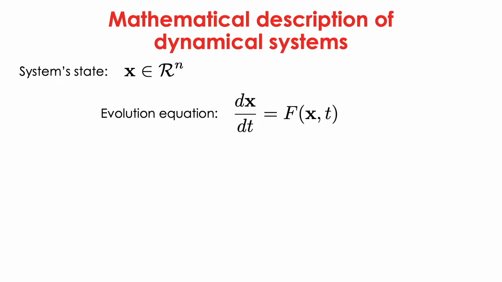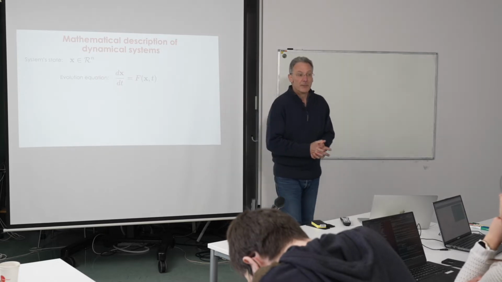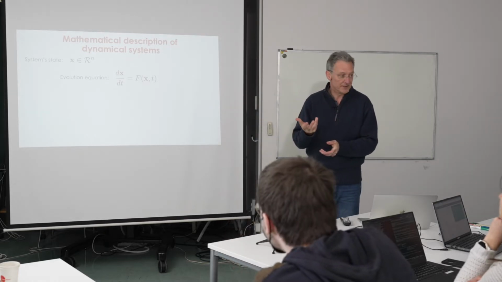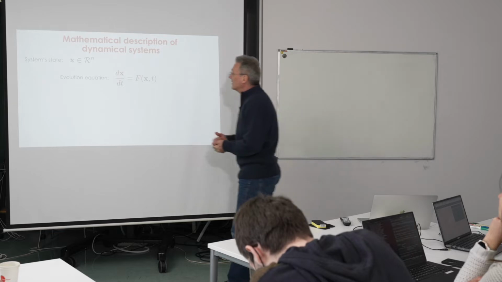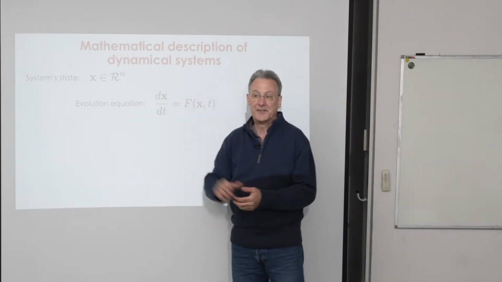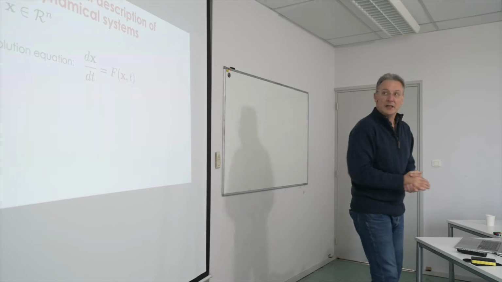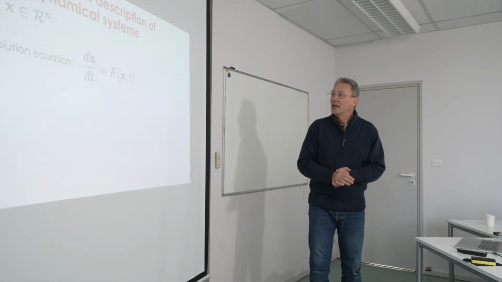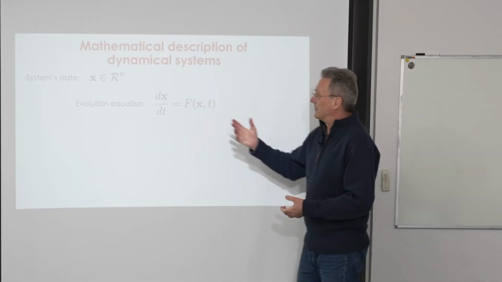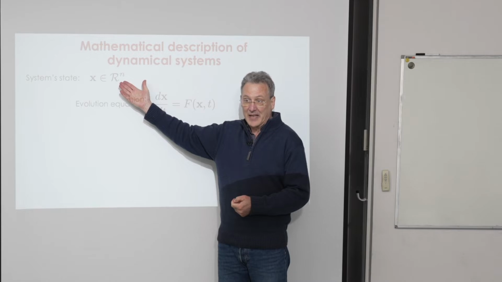If you take dynamical systems in terms of mathematics, usually people have this in mind. The dynamical system is represented by a variable called x, and x takes its value in a set of values that is usually R^n, and the system is this x.